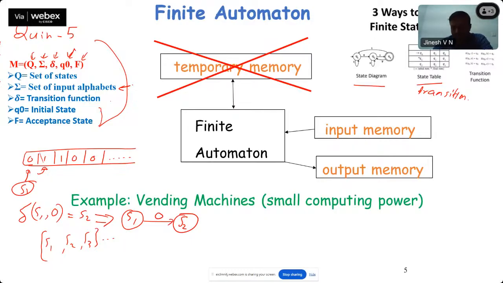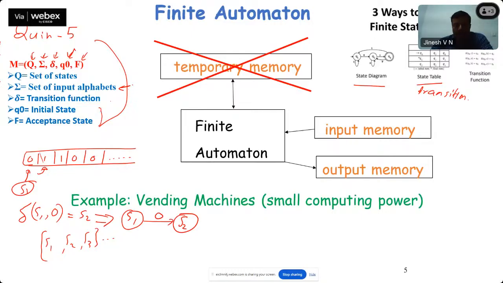These are the basic 3 methods, and for all types of automata we are going to use the same concepts and the same type of representations. Specifically for the Turing machine also we are using the same thing, and this Turing machine is very important for us for algorithm design and analysis. It can be in a digital or classical system, or it can be in quantum systems.